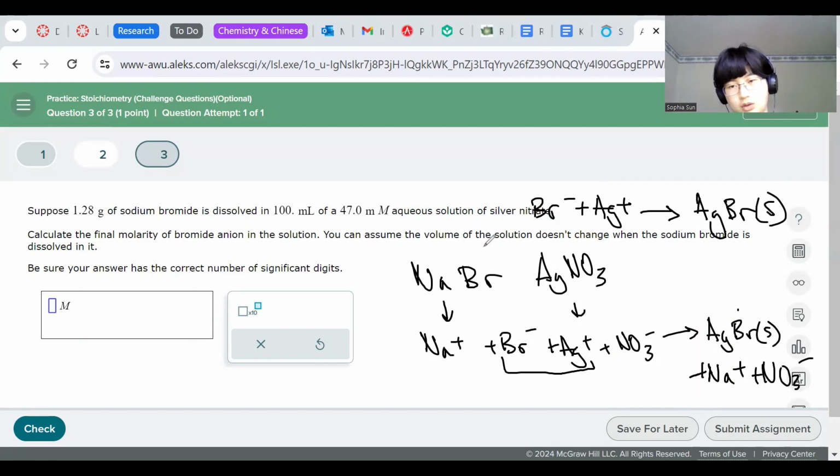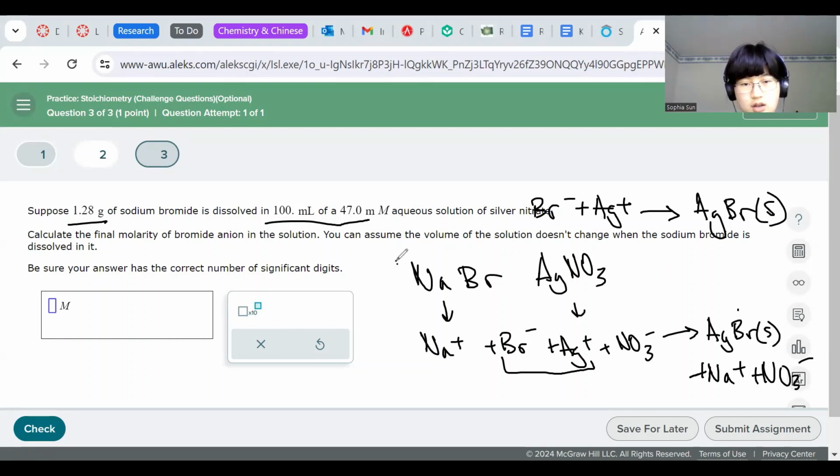Now what? Well, we know that there's 1.28 grams of sodium bromide in 100 milliliters of 47 millimolar silver nitrate solution, so we can determine the concentration before the reaction of each ion. That can be done by looking at the chemical formulas.